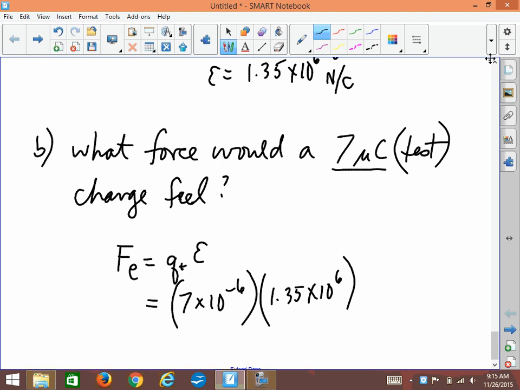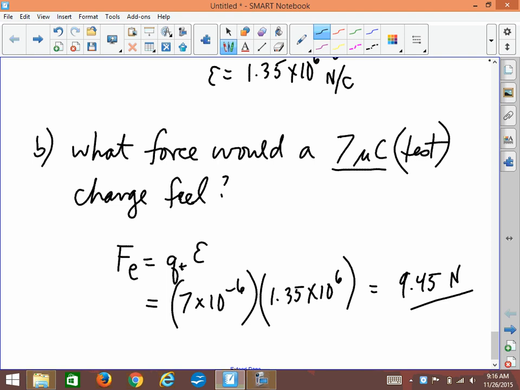What, 9 times 10 to the negative 12? No, that doesn't make sense. 7 times 10 to the negative 6 multiplied by 1.35 times 10 to the 6 is 9.45 newtons. So not much, not a very strong force.